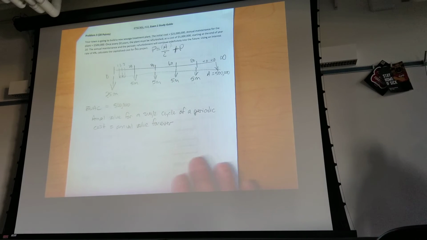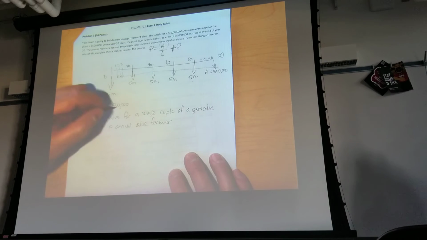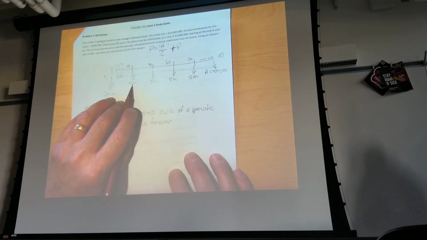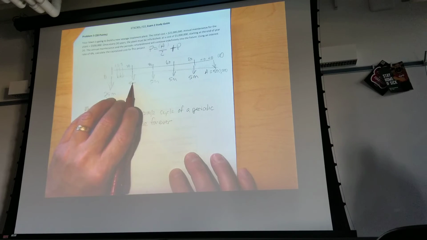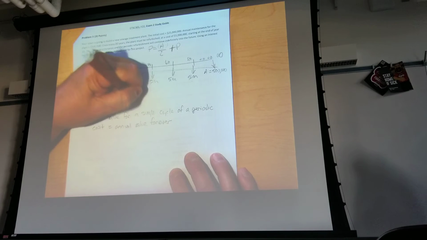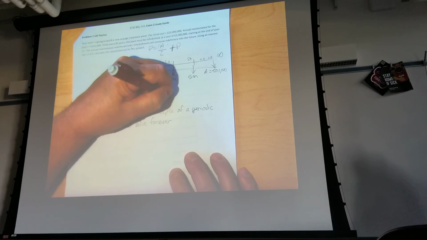So, equals 500,000. 5 million occurs for the first time at the end of the 20 years. So that's F. Times A over F, 4%, 20.